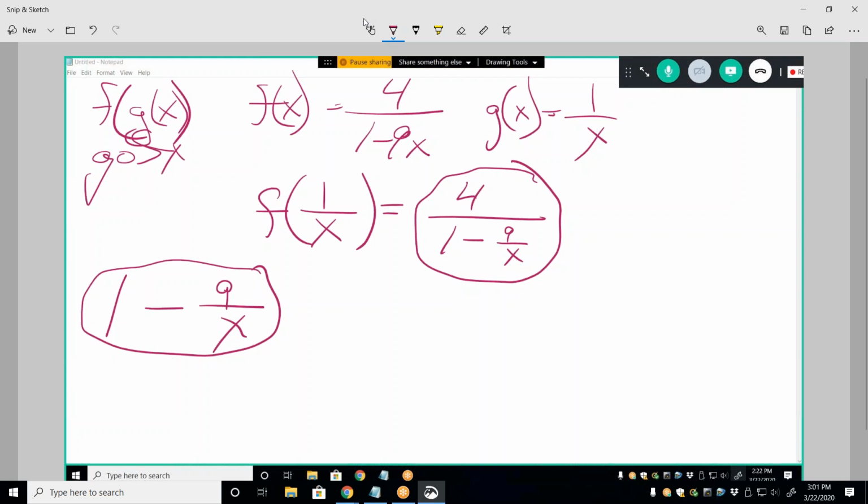What's the common denominator between these two things that we must subtract? 1. x does not go into 1, so no, that doesn't work. 1 goes into x, and x goes into x, so x must be the common denominator.